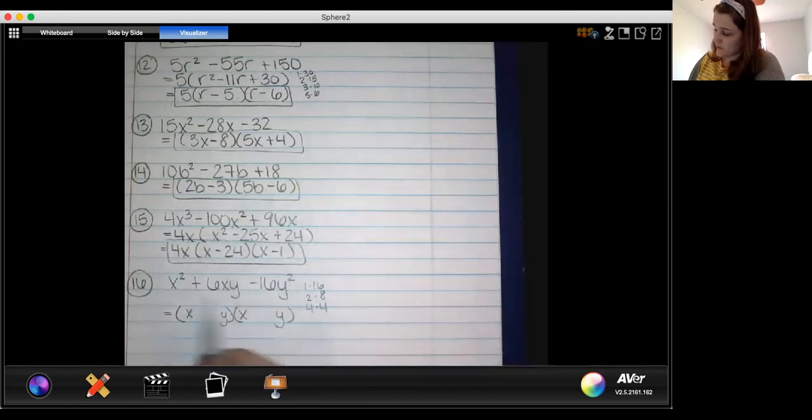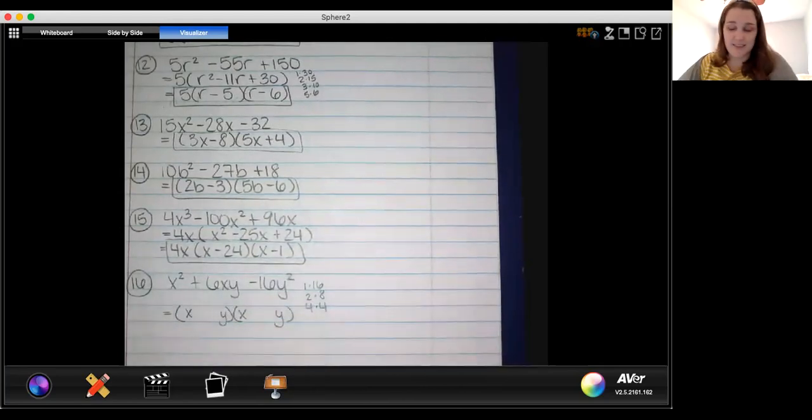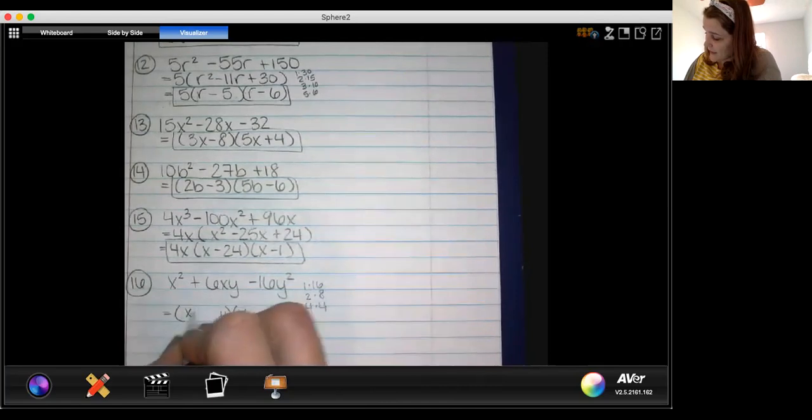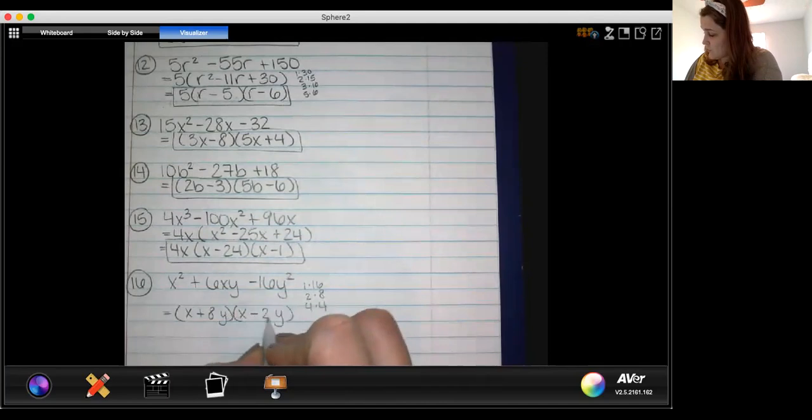Which ones are going to be added or subtracted together to get 6? So thinking about my signs, I need to multiply to a negative, so one has to be positive, one has to be negative, and we want it to be a positive 6, so therefore, looking at my factors, that means I want x plus 8y, x minus 2y.